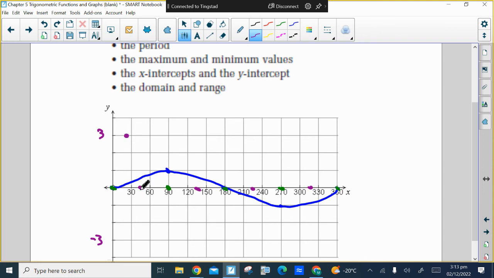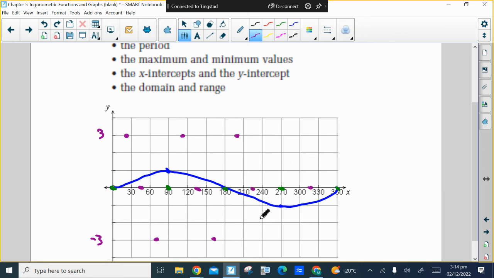Another critical point, you're at the minimum. Another 22.5 degrees, you're at the minimum, back to the middle. Maximum, middle, minimum, middle.